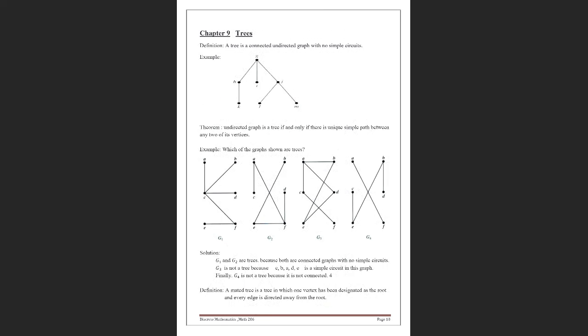I am coming to the question now. The definition: a rooted tree is a tree in which one vertex has been designated as the root and every edge is directed away from the root.